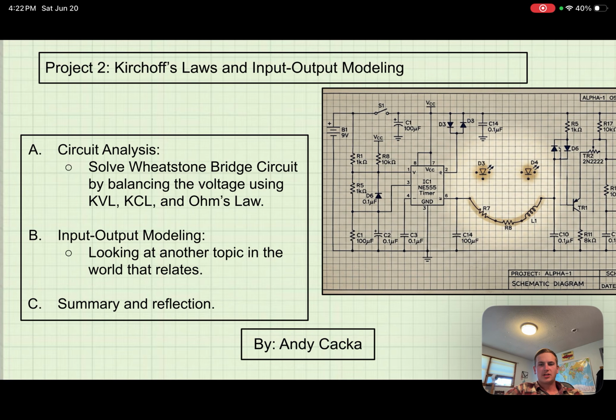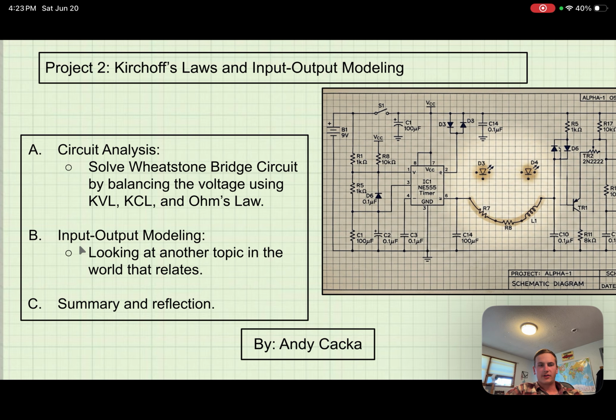Alrighty, this is project 2 and it's on Kirchhoff's laws and input and output modeling. So for some housekeeping stuff, just to keep us on track, we're going to go through some circuit analysis. That's the actual project. We're going to attempt to solve the Wheatstone bridge circuit by balancing the voltage using Kirchhoff's voltage law, Kirchhoff's current law, and Ohm's law to convert back and forth from voltage to current times resistance.